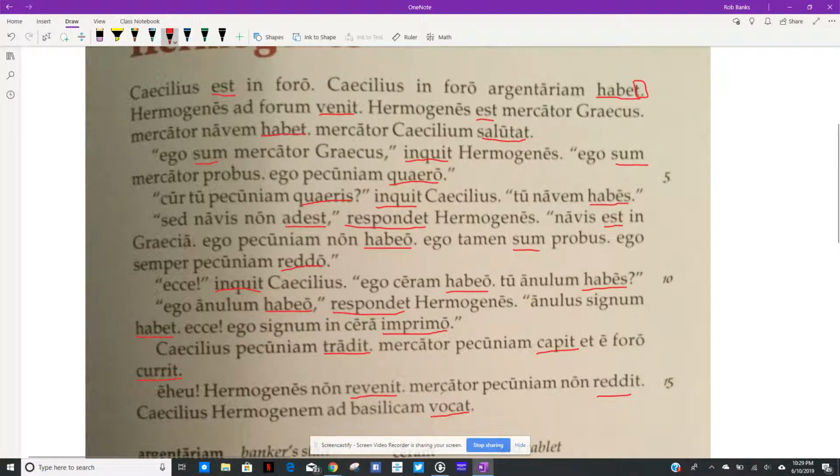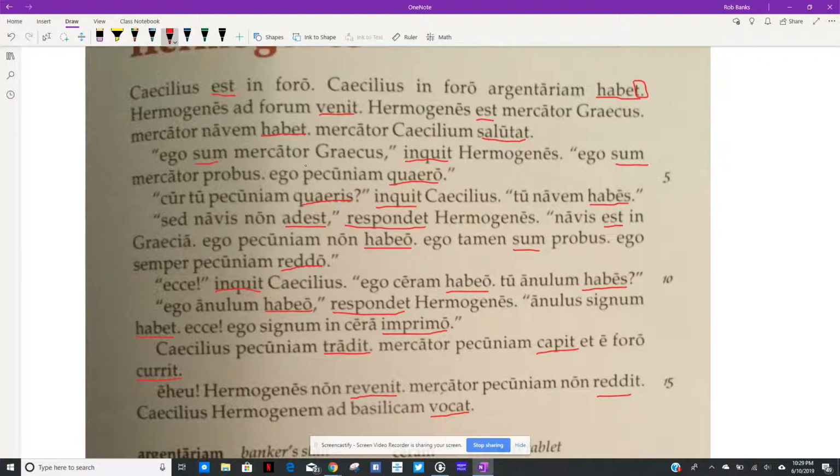Ego sum mercator Graecus. So sum, yeah, I am, right? Without ego, it's still I am, right? The ego is just superfluous, but it makes it easier for you to recognize at the present moment. So ego sum, I am mercator Graecus, a Greek merchant, inquit Hermogenes, says Hermogenes. Ego sum, again, I am mercator probus, an honest merchant.